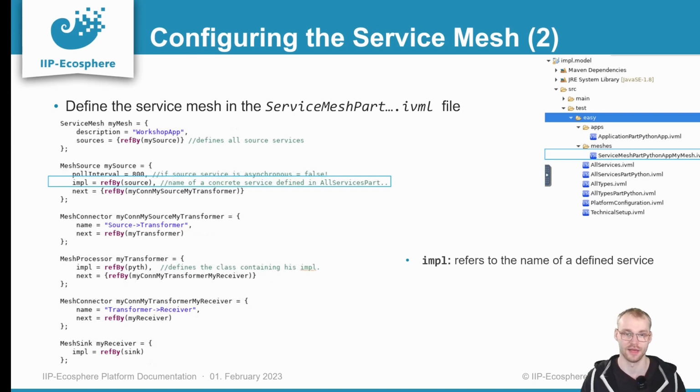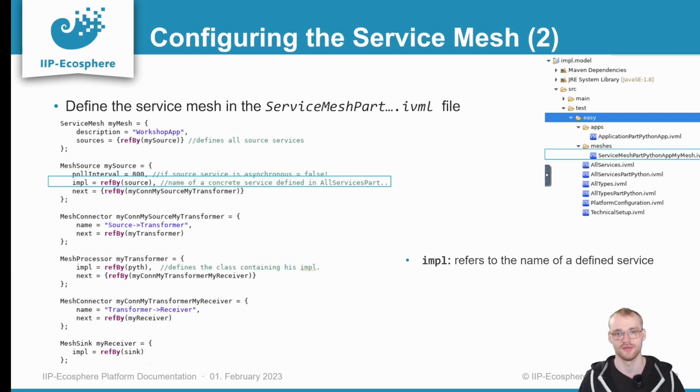And then you give a next. So what is the next step after this service? We have the impl, which refers to the service that's at this mesh element. So my mesh source is a mesh element with, as basically code behind it, the source we've defined. Our source service in this case would be called source.